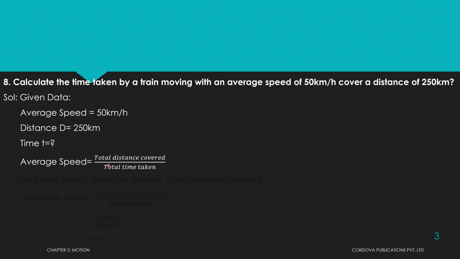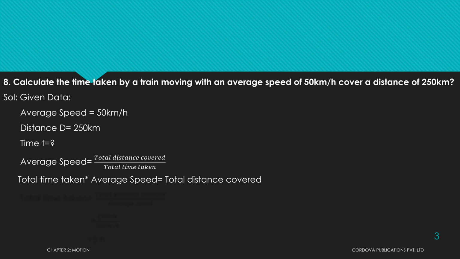So you can take this on the other side of the equal to, from the right side to the left side. When you are taking it from either side of the equal to, there is a division sign in between these two, right? So division becomes multiplication. That is, total time taken into average speed is equal to total distance covered. And what do we need to find out?